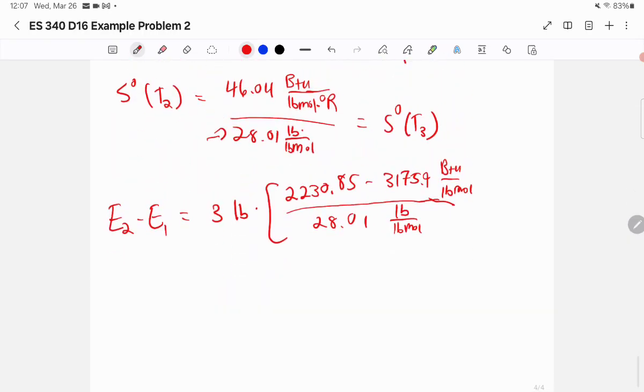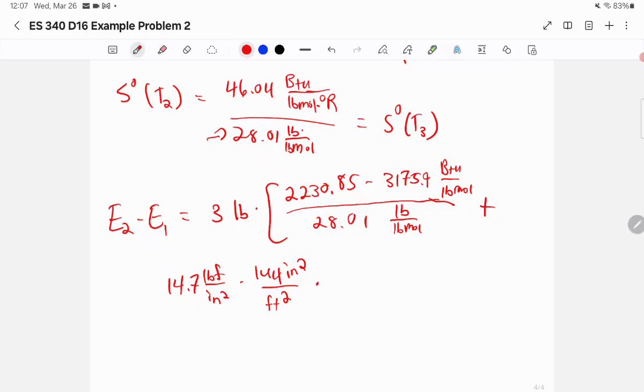Then the next term was the P naught pressure. So it's going to be plus P naught, which was 14.7 pound force per inch squared, times, again, that 144 inches squared per foot squared that we had before. This gets me into pound force per foot squared, but we're now also going to want to convert in terms of BTUs.